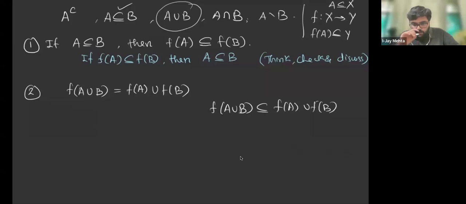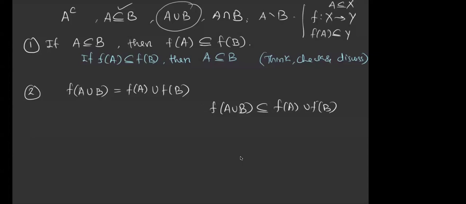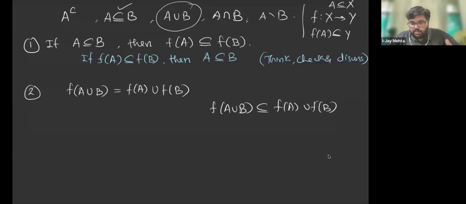Where do we start? Now we want to show this. Where do we start? Just starting. I'm not asking the entire proof. Just begin. How do I show one set is a subset of another set?